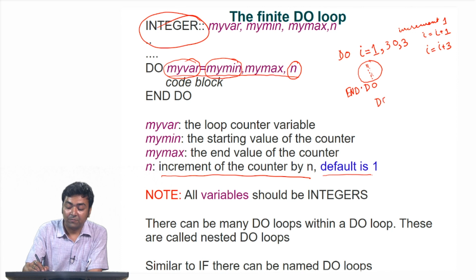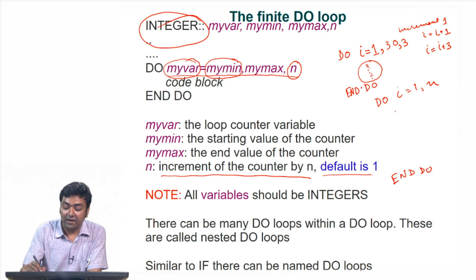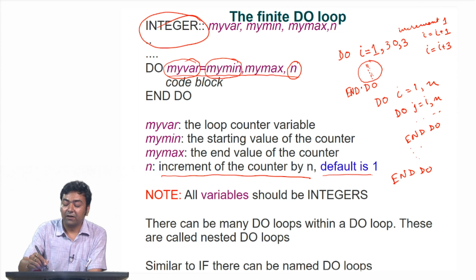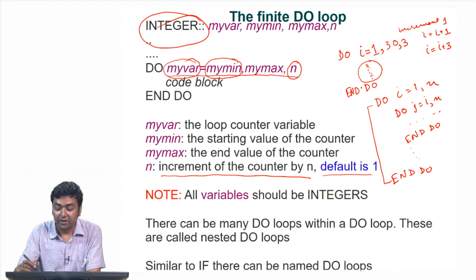For example, suppose I have a do loop I equals 1 to n, then I can start another do loop which starts from a different counter, say I to n, and I have a set of operations like that in this. So, you can have several do loops inside one main do loop. These are called nested do loops.